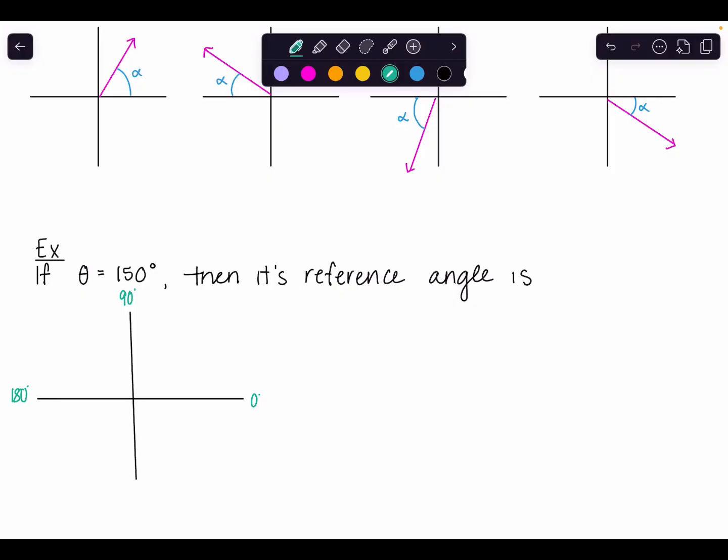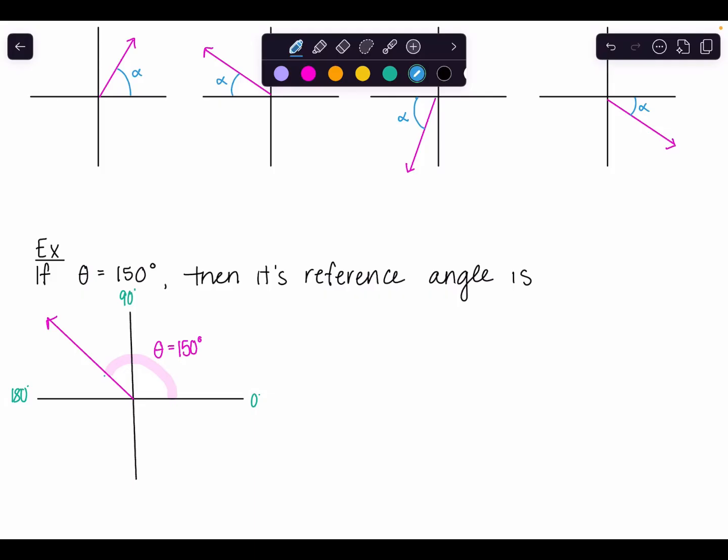Okay. I don't like using formulas for reference angles. I like drawing a picture and seeing what's going on. So 150 degrees is somewhere in between here. So the terminal side of my angle lands here. So this is theta, which is 150 degrees.